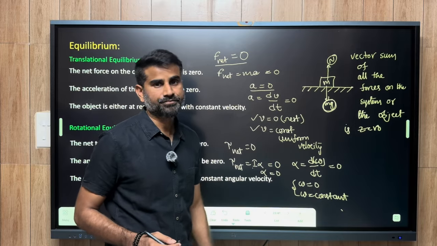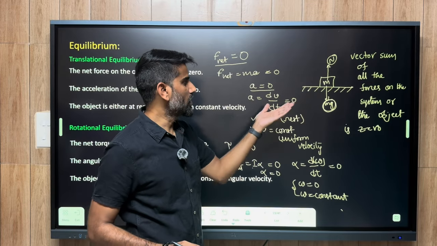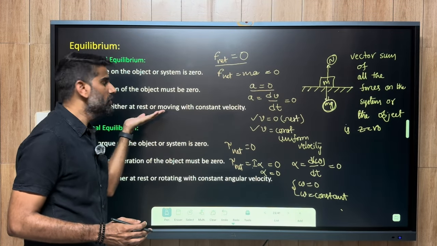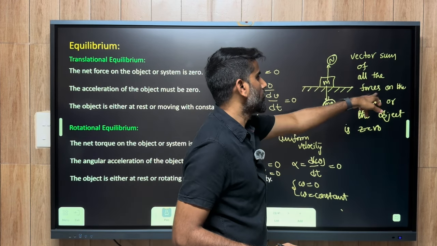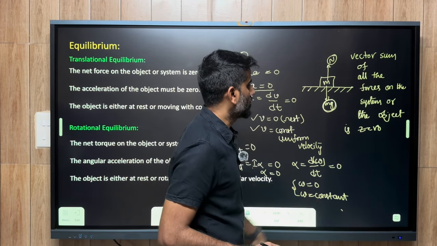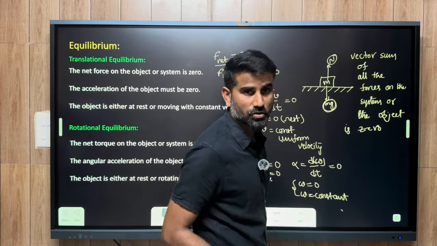Similarly, we have the explanation that we had in translational equilibrium, where the vector sum of all the forces on the system or the object is 0.